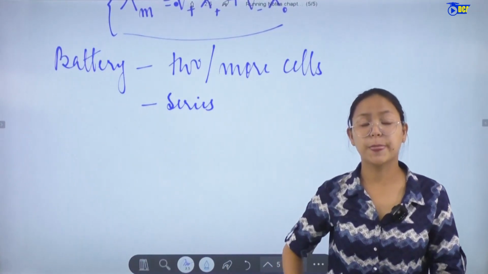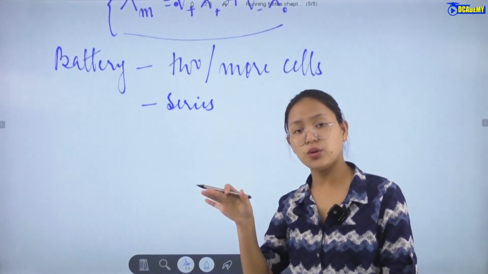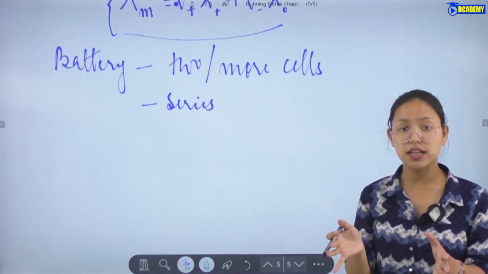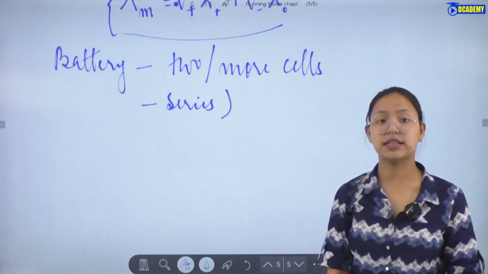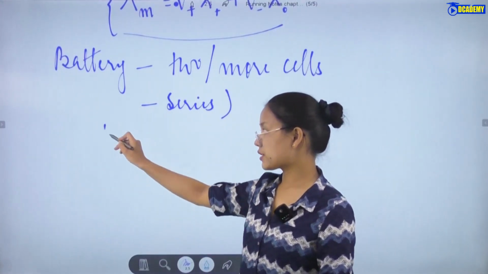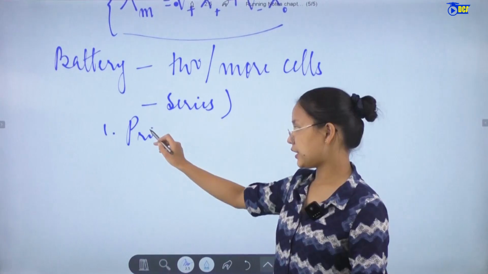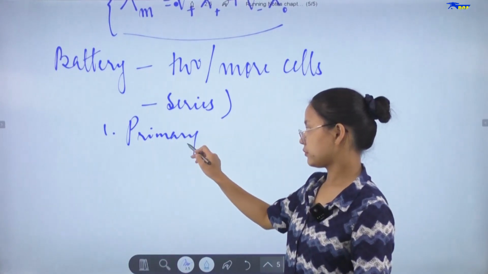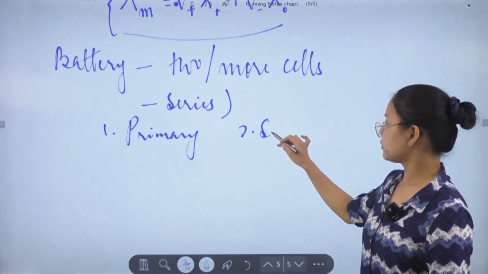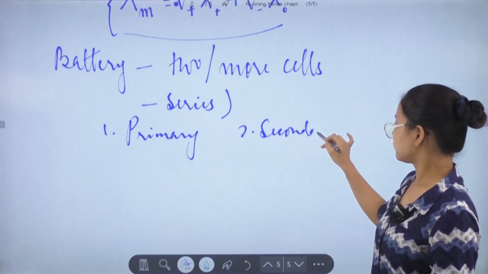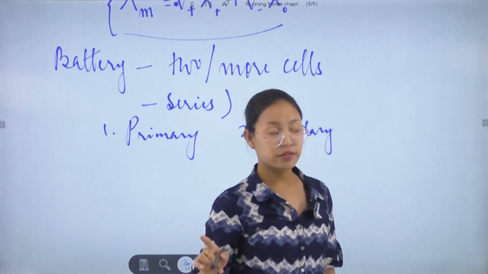It has three types: primary, secondary, and the last one is the fuel cell.